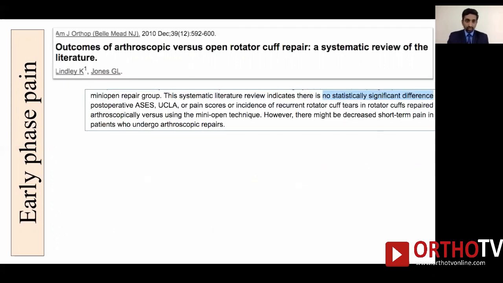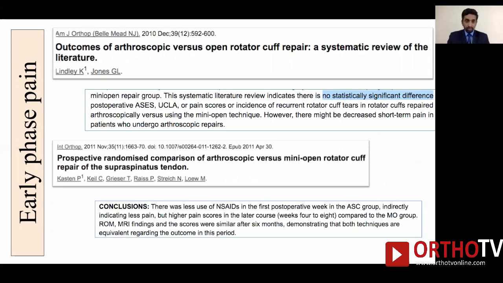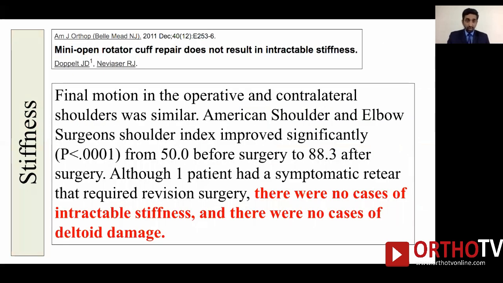An article by Lindley again says there is no statistical difference between arthroscopic versus mini open rotator cuff repair. Another article suggests that the scores are the same early on, as far as the use of NSAIDs is concerned. Whether rotator cuff repair by mini open causes stiffness.